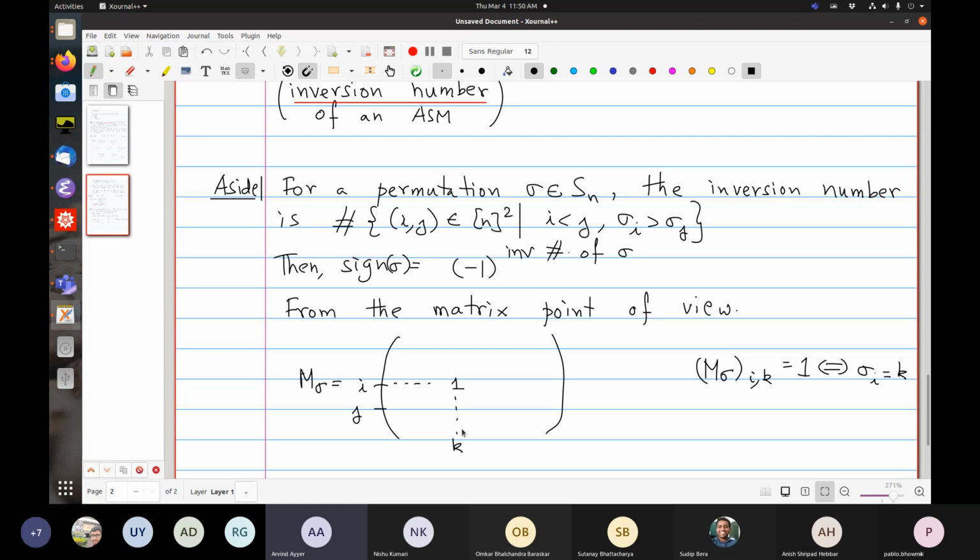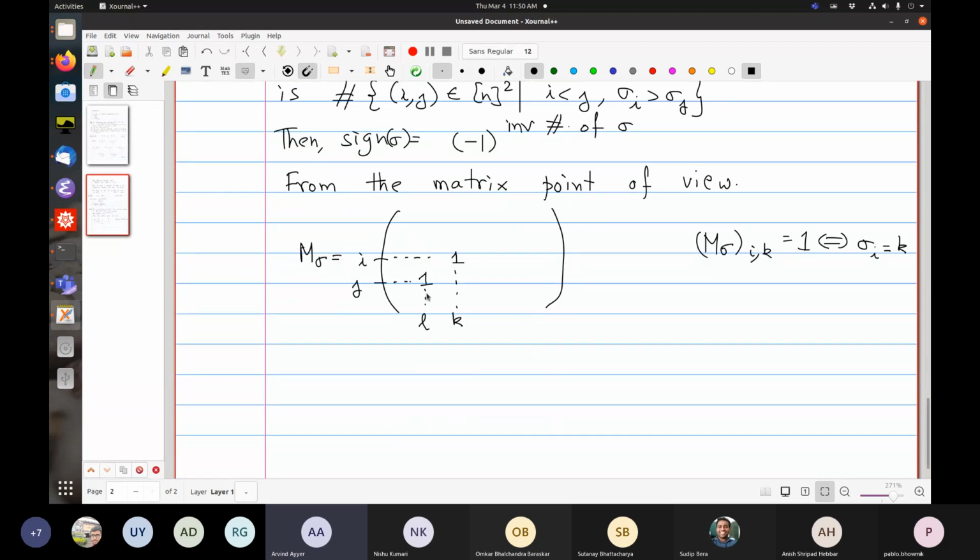If I call L the column entry, then from the matrix point of view, you get an inversion every time you have a pair like this.